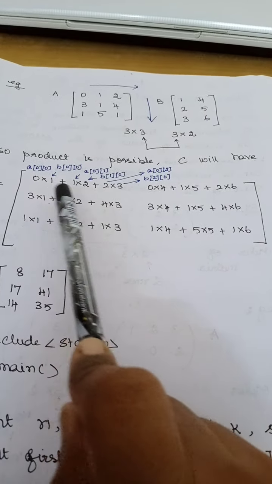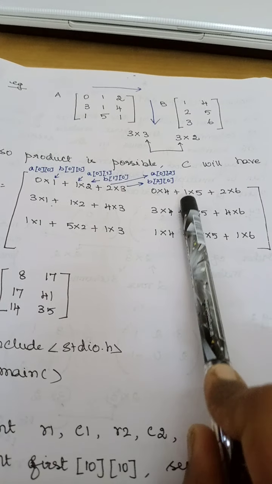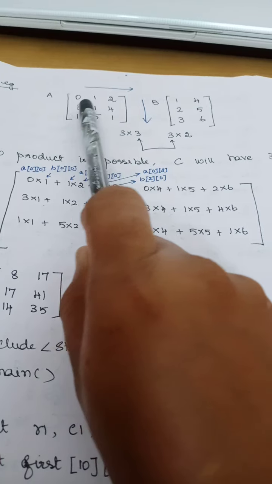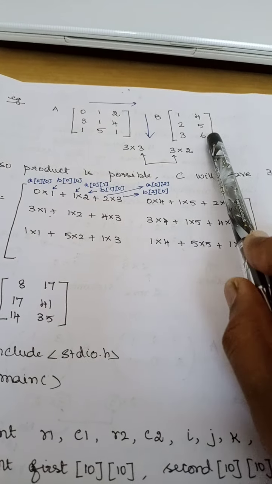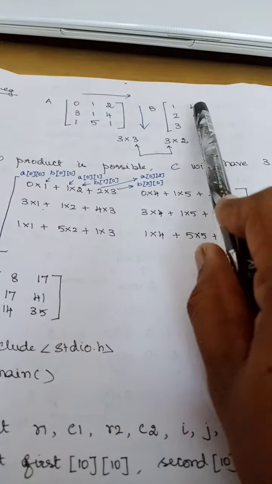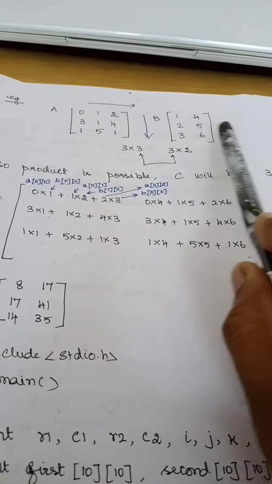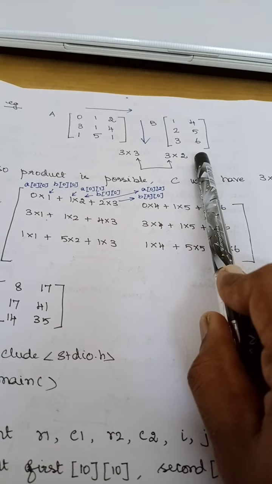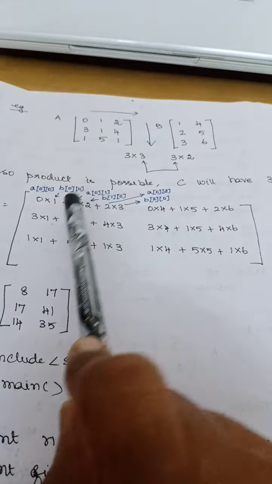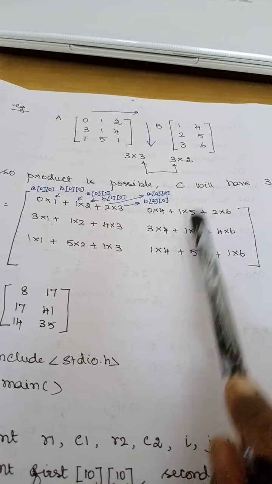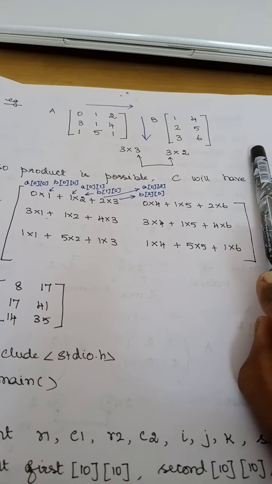And for my second value, I am going to take the same row 0, 1, 2, but shift to the next column. So 0 into 4 plus 1 into 5 plus 2 into 6. Is that clear? Same row, and I am going to vary the columns of B, right?